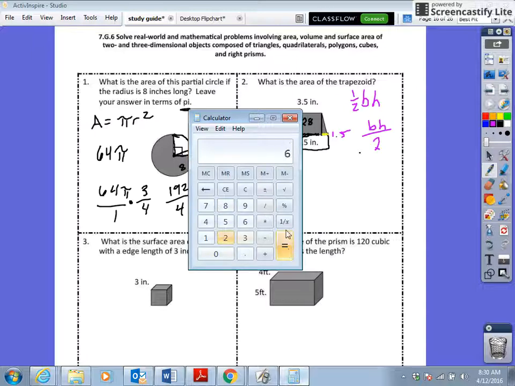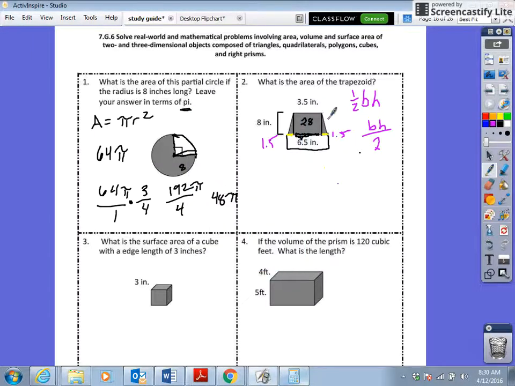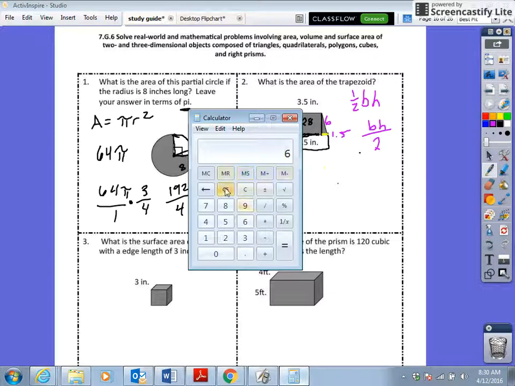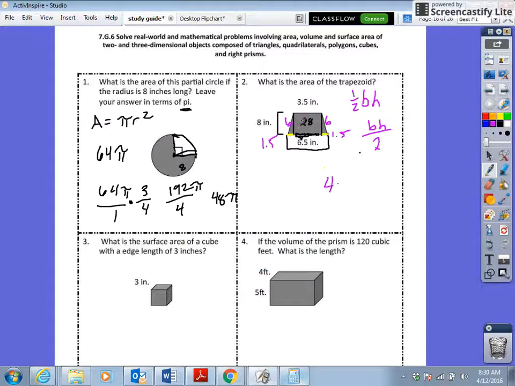So that's 6. So the area for this one over here is 6, which means the one over here is also 6. So if I add up all my areas together, I have 6 plus 6 plus 28 equals 40. So my whole area for this whole thing is 40 square inches.